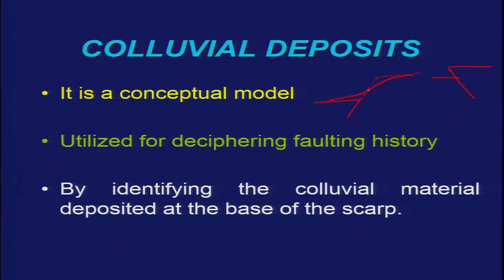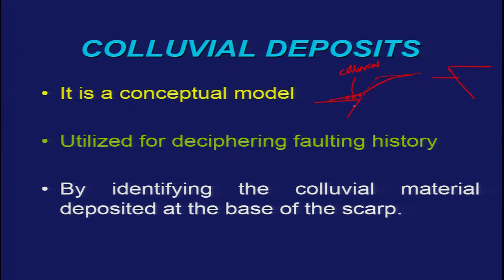Now you have the final profile, and that also depends on the angle of repose, as we discussed in the previous lecture, that when the slope is at around 30 degrees or so, then it will become stabilized. No more erosion will be there. Of course, slight erosion will take place, but not as much as what was eroded initially from this scarp. And this portion will have the material which we term colluvial material.